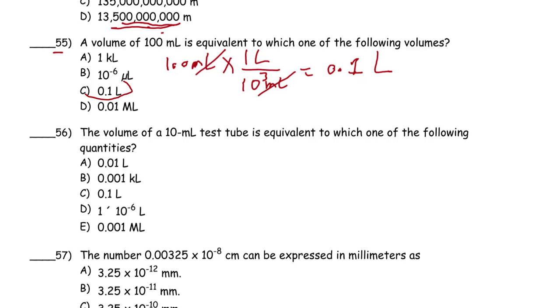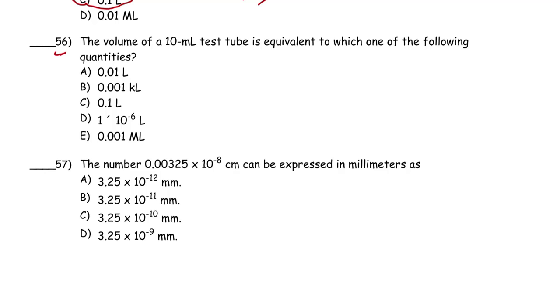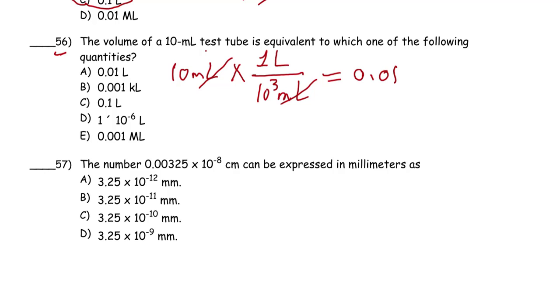So the answer is letter C. For 56, a 10 milliliter test tube is equivalent to which one of the following? 10 milliliter, let's try to convert it to liter. You know that 1 liter equals 10 power 3 milliliter. Milliliter goes with milliliter, so 10 over 1000 means 0.01 liter or 10 power negative 2, right? Do we have this answer? Yes, so it is finished. Letter A.